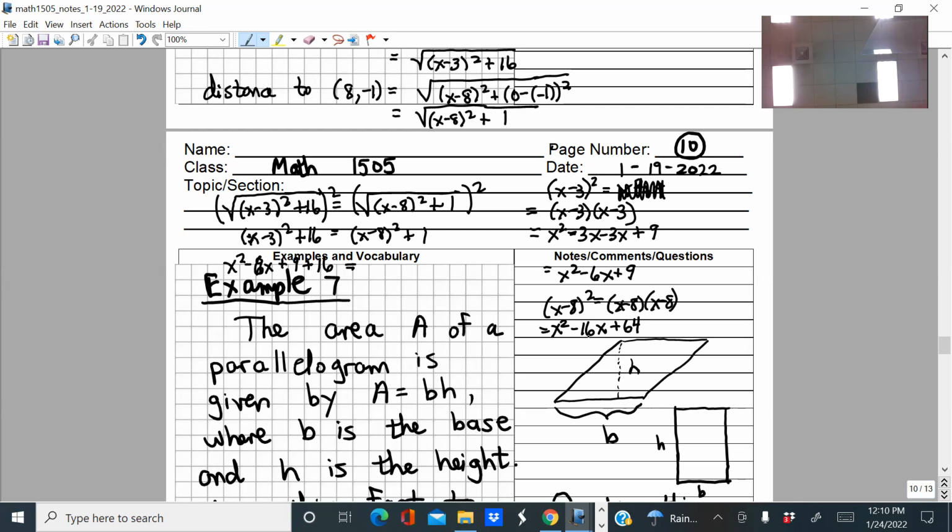I skipped a step there, but it's the same steps that you use here: x times x, minus 8 times x, minus 8 times minus 8. So x squared minus 16x plus 64. And don't forget about the lonely one that was hanging on there at the end.